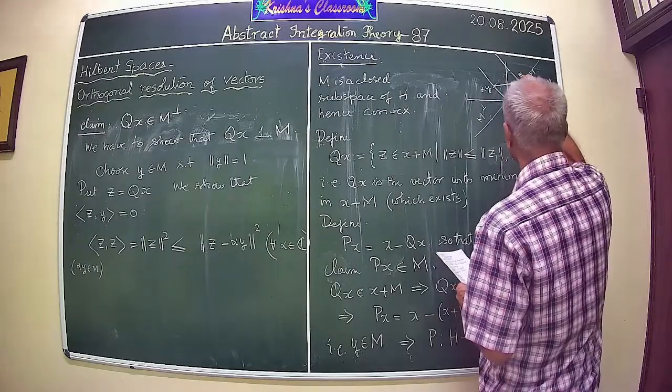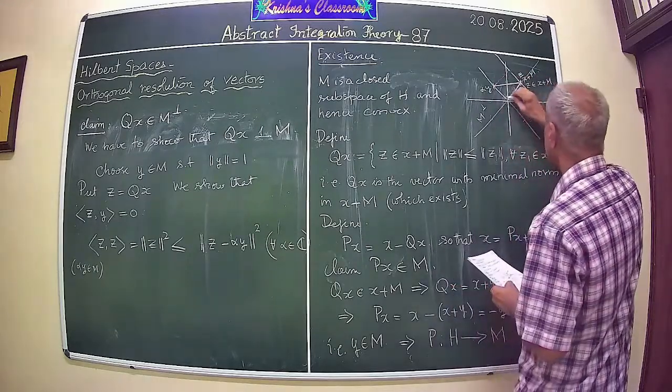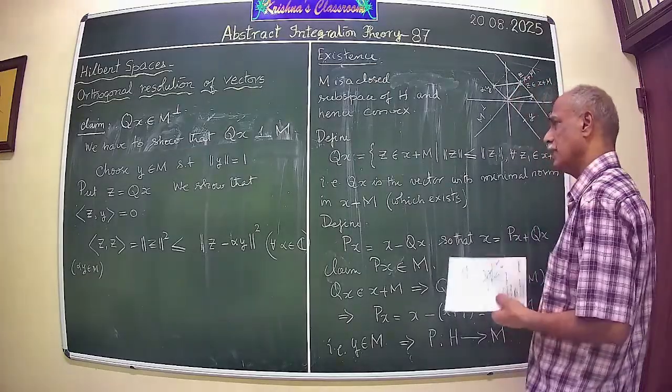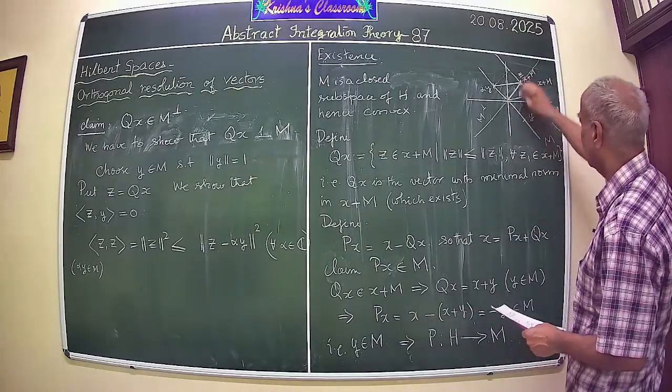So it is this length. But this length is certainly greater than or equal to norm of z. That's the argument. For any point here, it is alpha y.